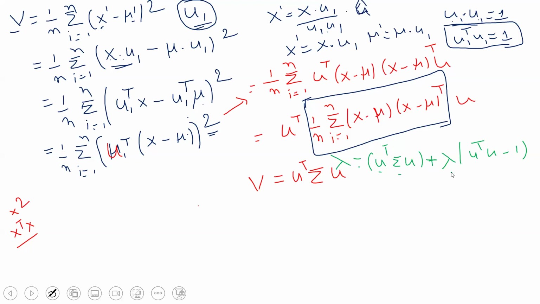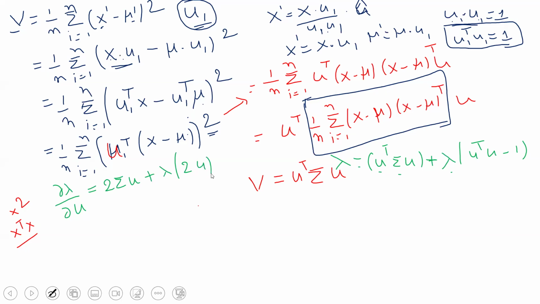Now differentiate this with every variable. The derivative of the Lagrangian with respect to u, what will that become? 2 sigma u. U transpose into u is nothing but u square, and that gives 2u, so lambda into u transpose u will again become 2u.